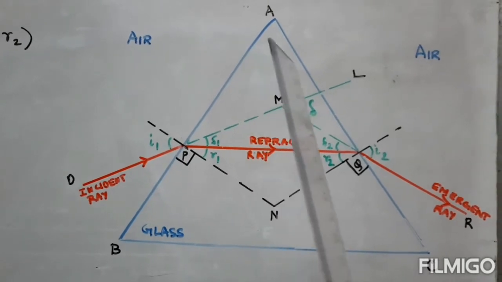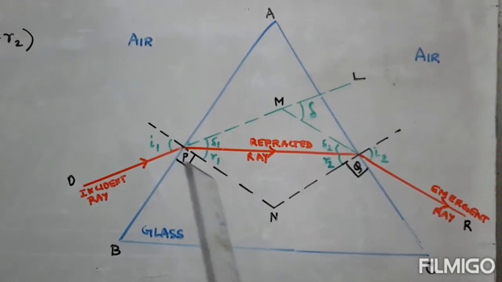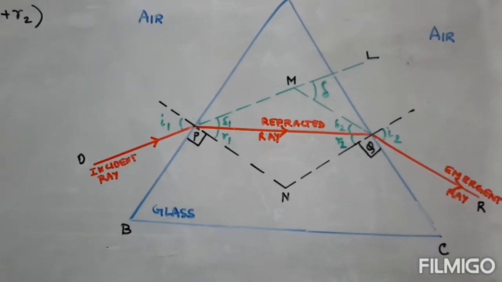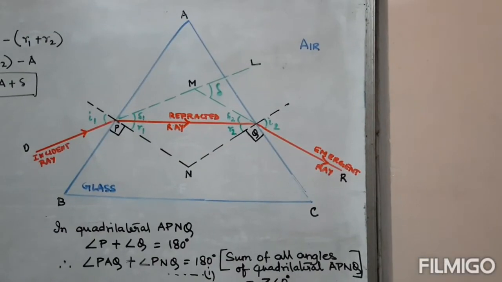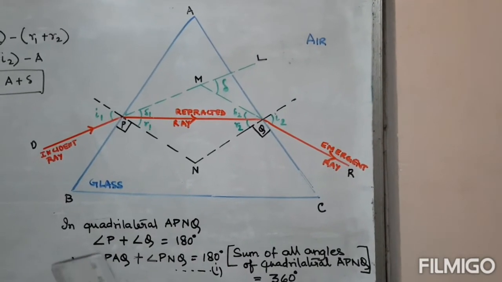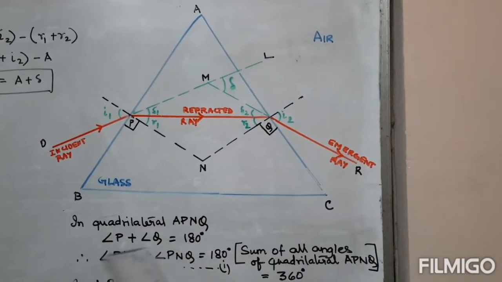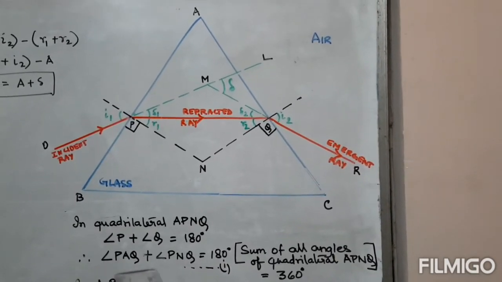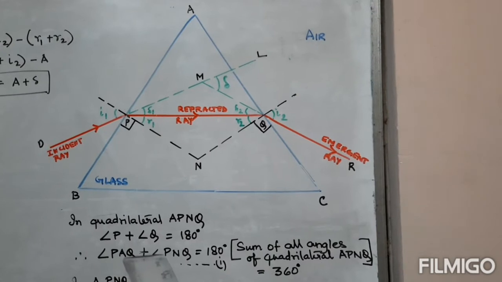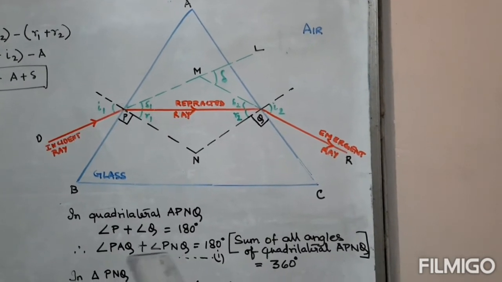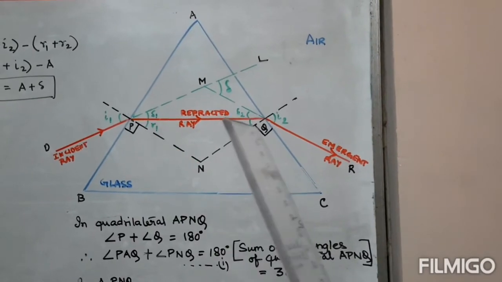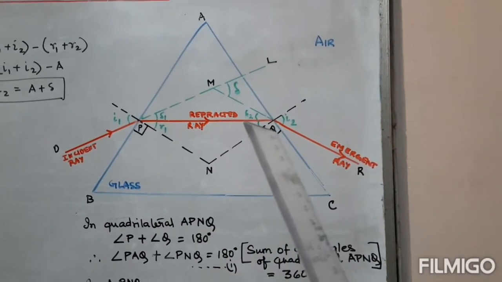Therefore, angle A plus angle PNQ is 180.